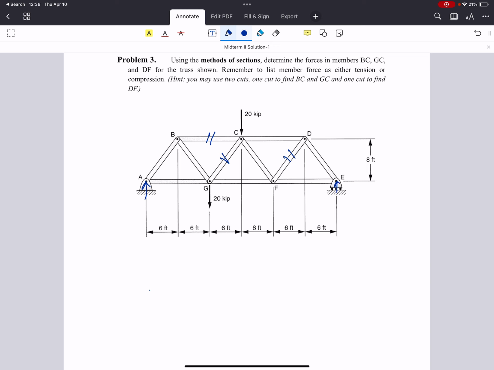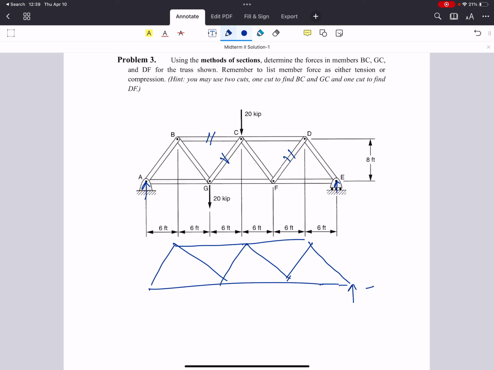So draw the free body diagram here. This one. This is another one. EY. This is AY, AX.